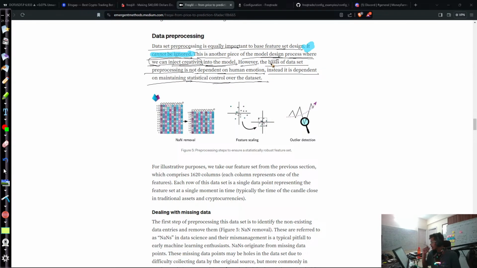So let me make it easy for you guys to understand. Okay, you see this chart, you see this figure, right? Figure 5 says pre-processing steps to ensure a statistically robust feature set. Now what they are doing, they are removing the NaN values. So you see all these question mark values. Hang on, I'm gonna zoom in and then show it to you guys.